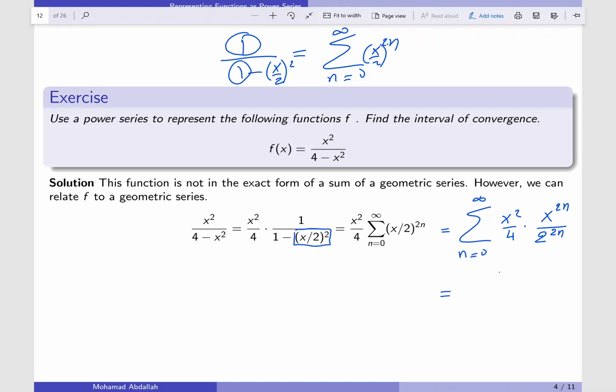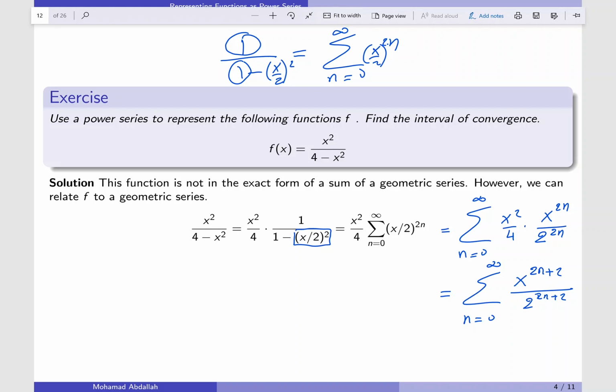I can further write it as the sum from n equals 0 to infinity of x to the power 2n plus 2 over, also the 4 can be written as 2 squared, so this can be written over 2 to the power 2n plus 2. It can be written in different forms, but all of them are the same.